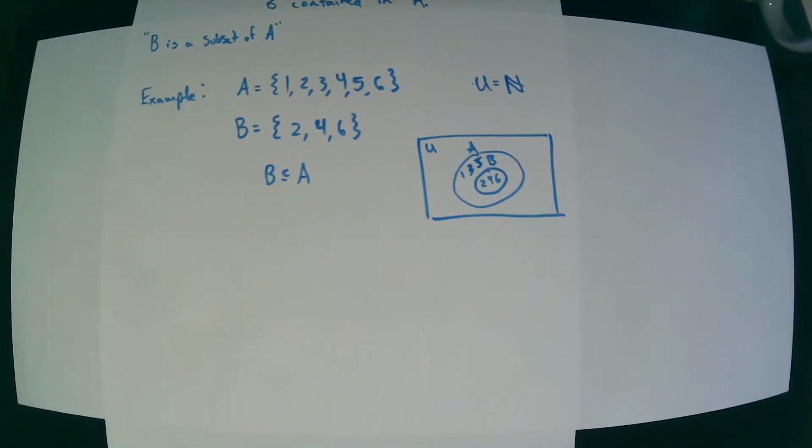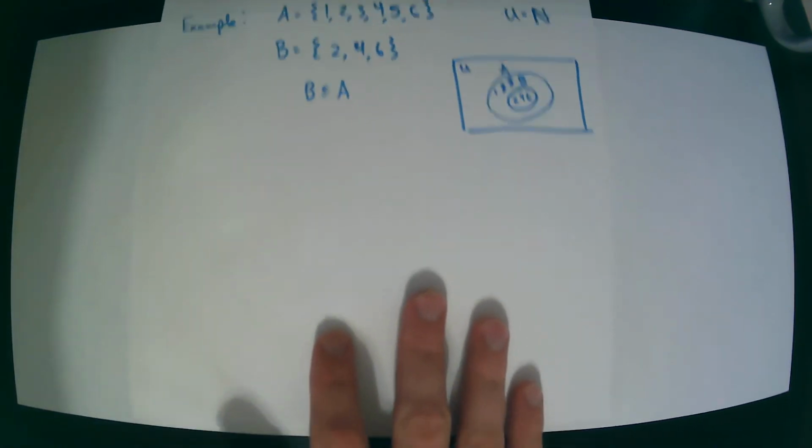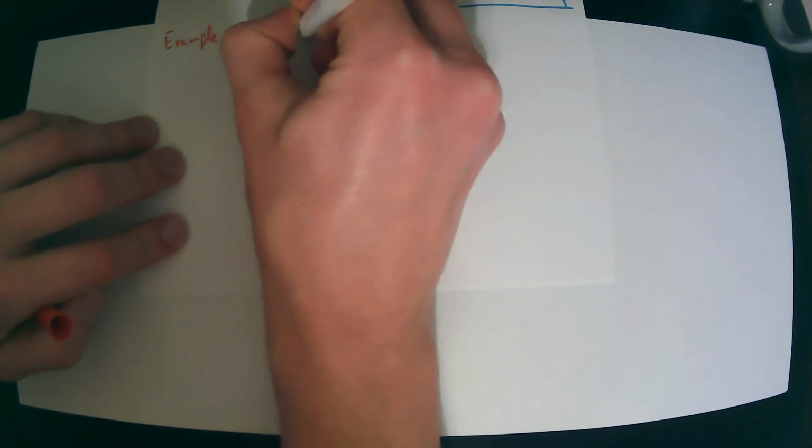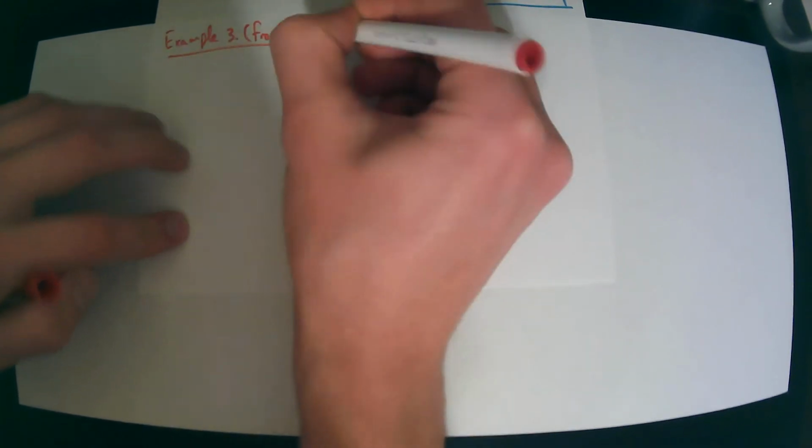Let's see what example I've got here in the notes. Example 3. This is from the notes. It says let U equal the set of all elements X such that X is a student at JSU.